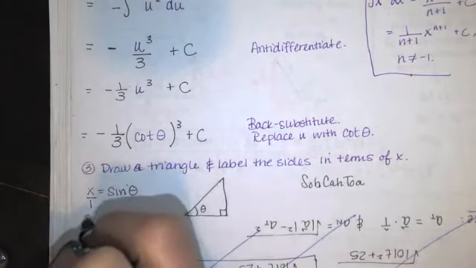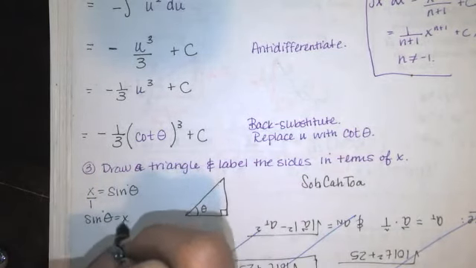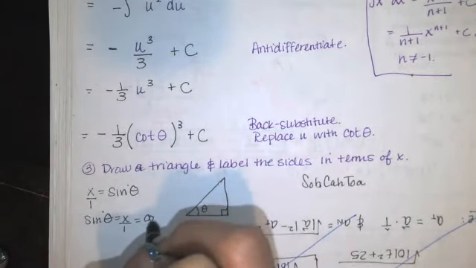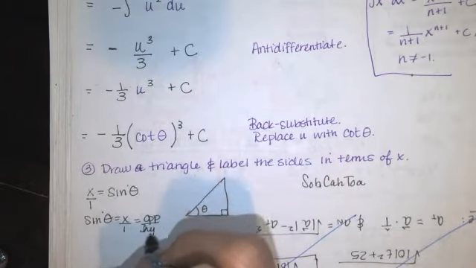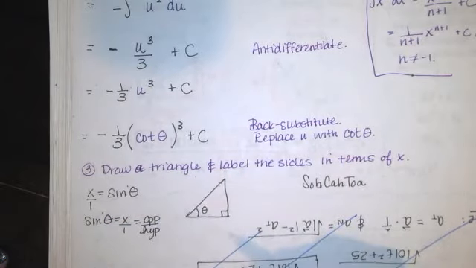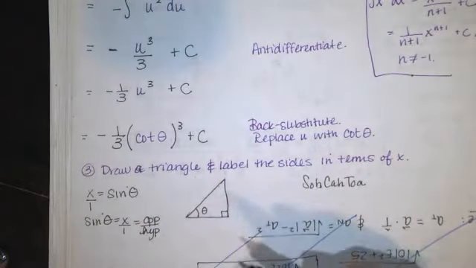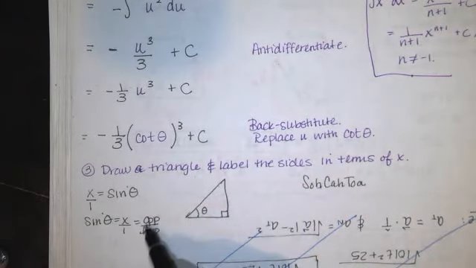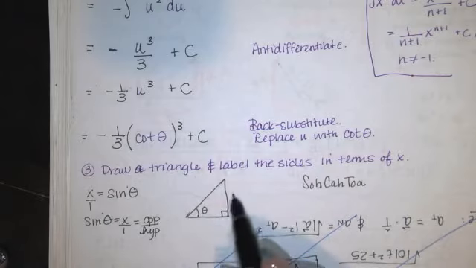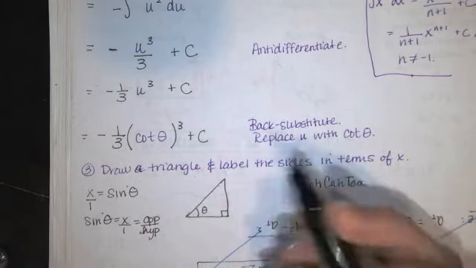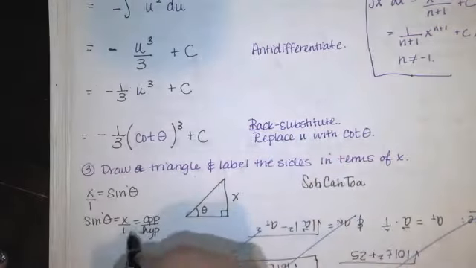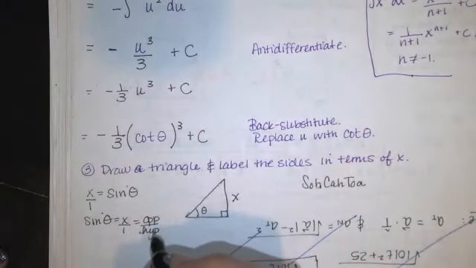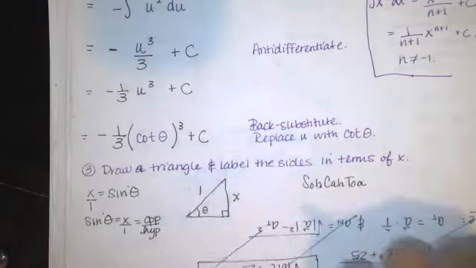So this sine of theta equals x over 1 can be thought of as giving us an opposite and a corresponding hypotenuse relative to theta. So this is saying, okay, if this is my angle theta, when the side opposite theta, that's directly across from theta, is equal to x, at that time, the hypotenuse would be equal to 1.